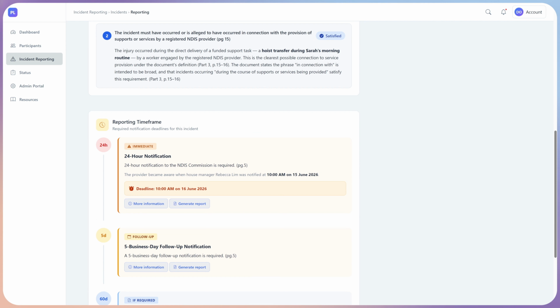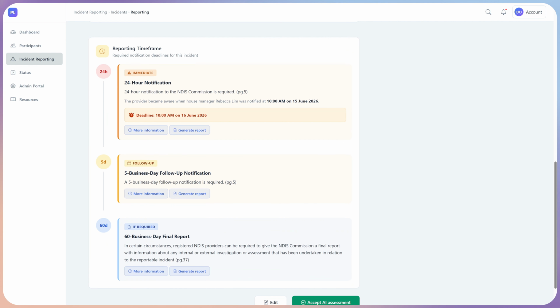Now let's look at timeframes that are applicable to this specific incident. As before, the information provided here has page numbers to back up any statements that are made. It's clearly showing us that this is a 24-hour notification to the NDIS Commission. It's given us a deadline for when this notification is due.